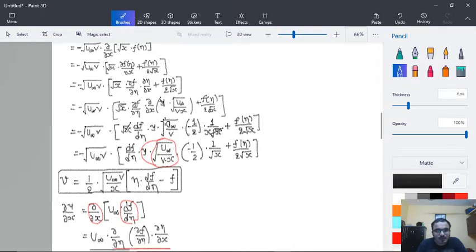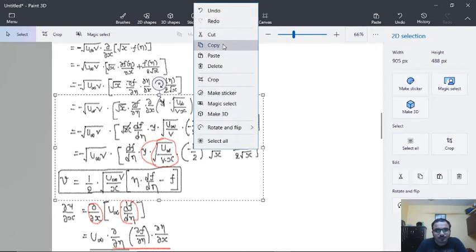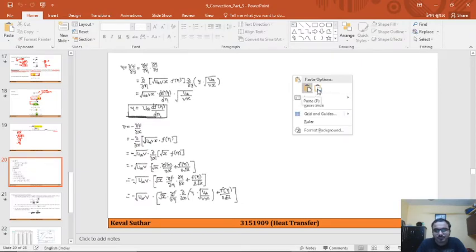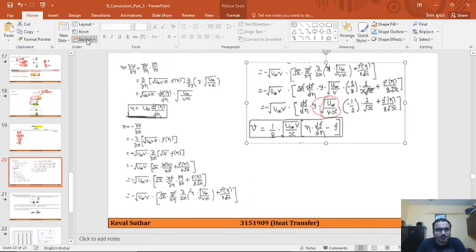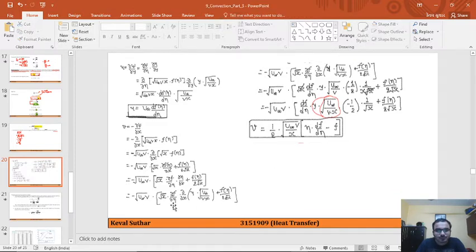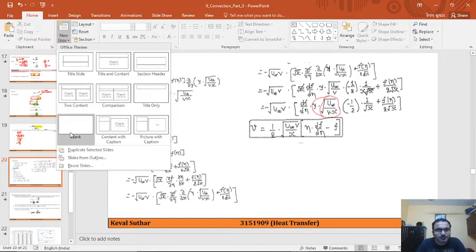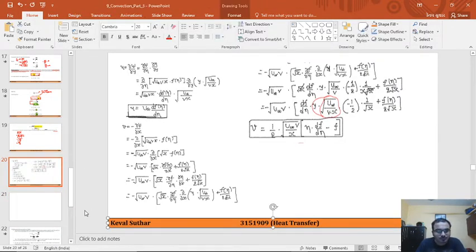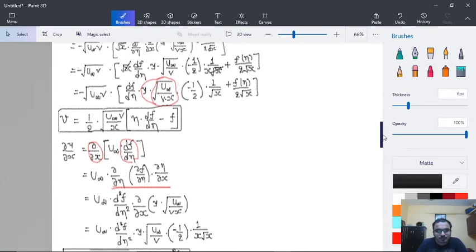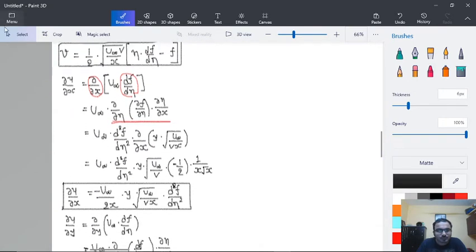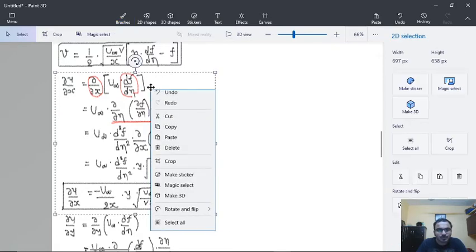So here we can take this much, so this will be our continuation from here to here, and then this will be the value of del u over del x.